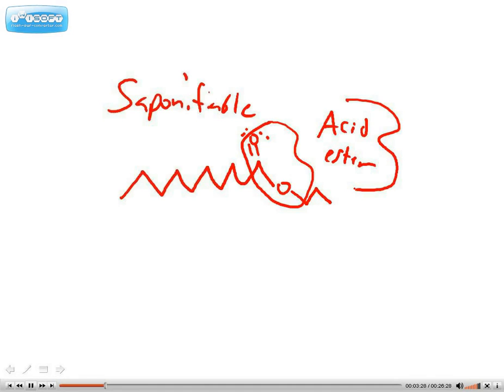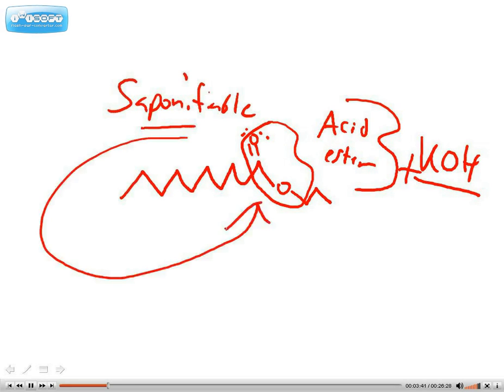If you have an acid or ester present, and you add in a base, such as potassium hydroxide, then saponification can occur, in which case the acid or ester, and usually we've only seen this for esters, will break apart in a saponification.